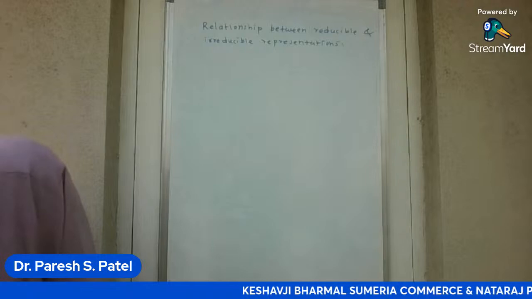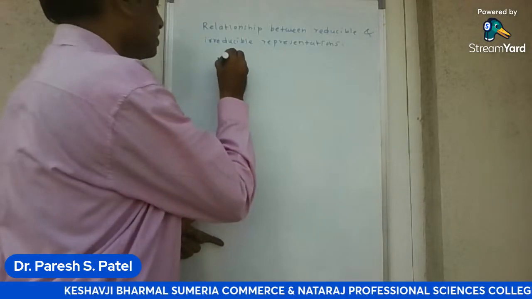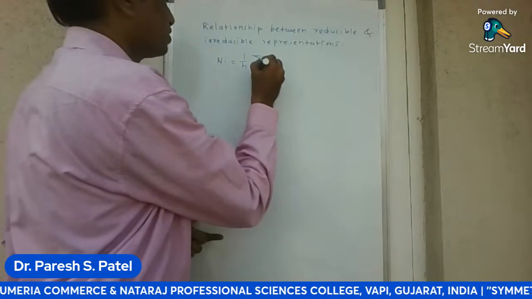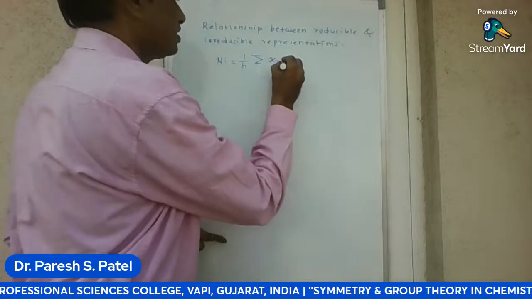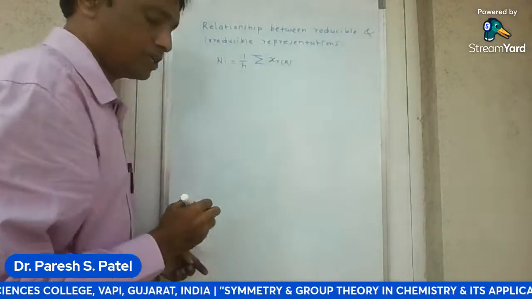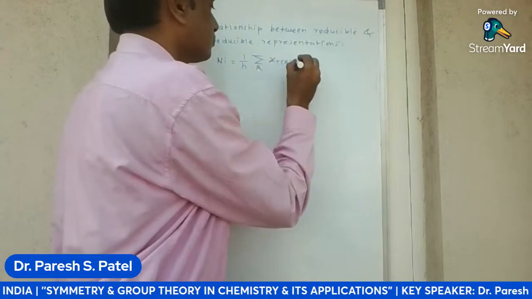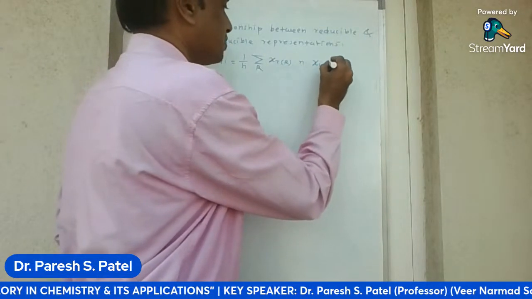The relationship between the reducible and irreducible representations can be represented as n_i equal to 1 upon h, summation of character R into R into n, where n means the number of symmetry elements, character i into R.